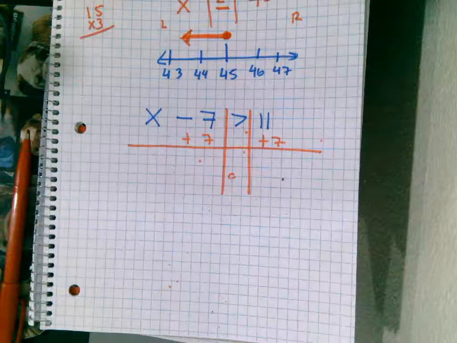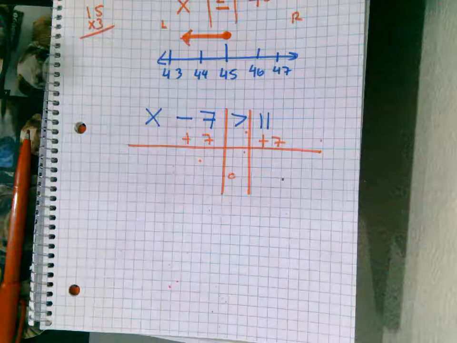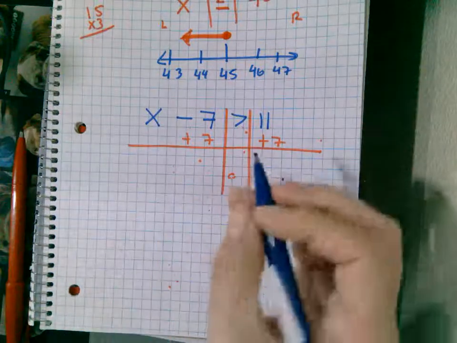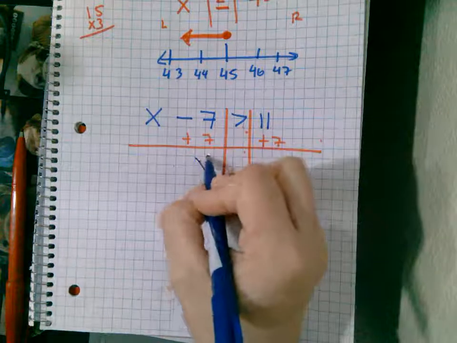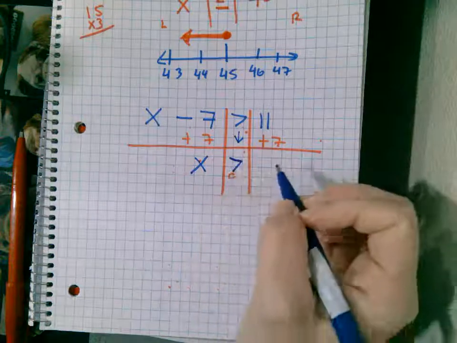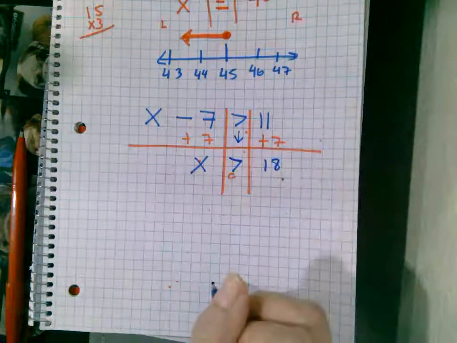Add 7 to both sides. Here you're just left with x. You bring down the inequality as is. And then you do the math on this side. 11 plus 7 is 18.